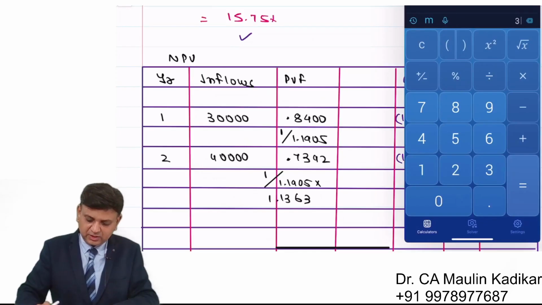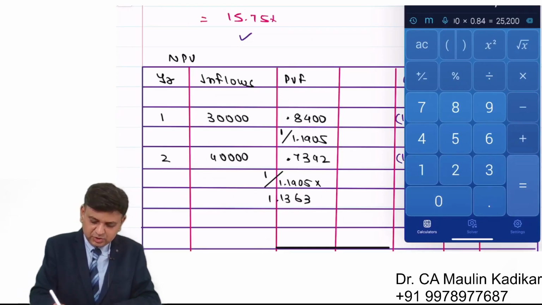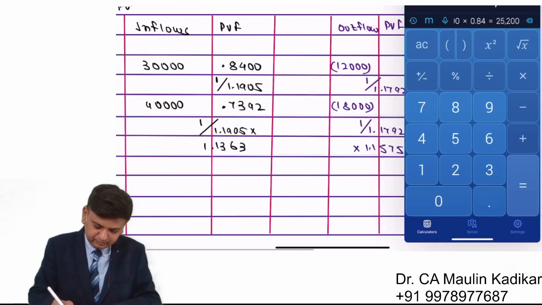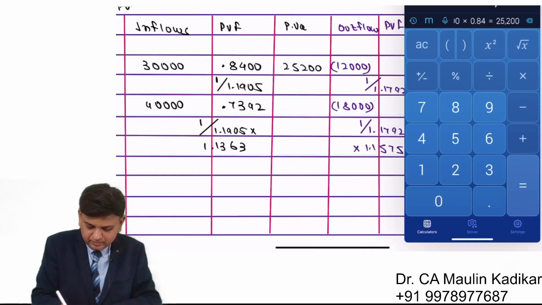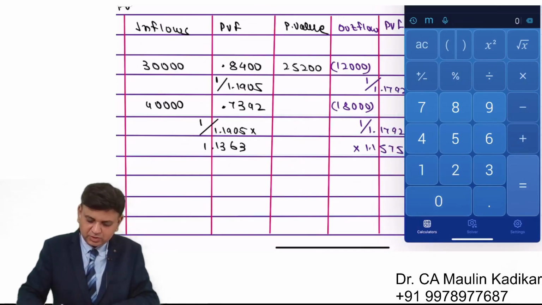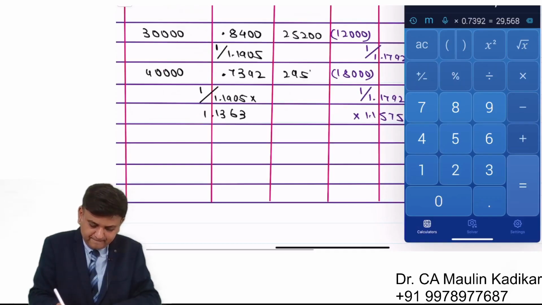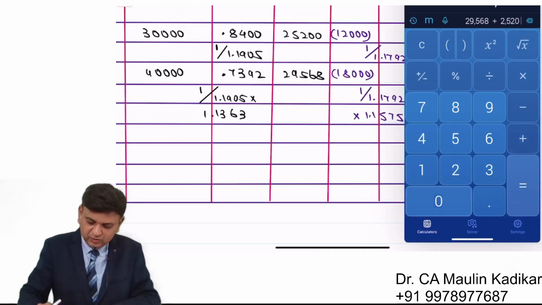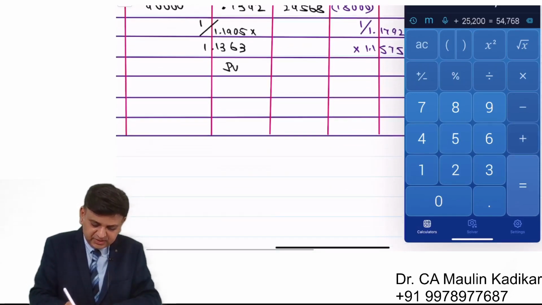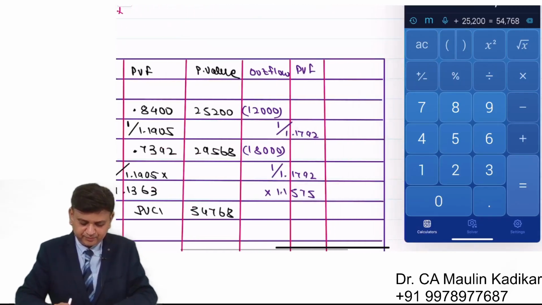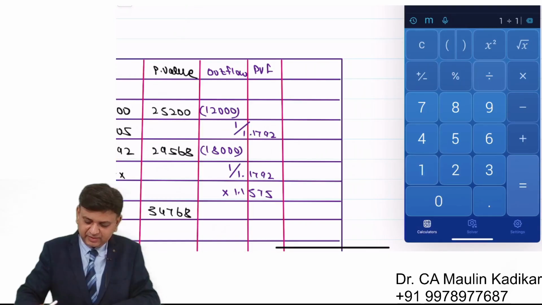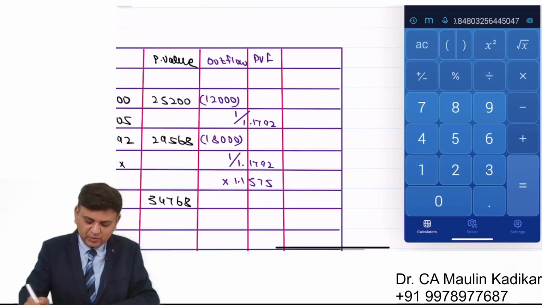So again use a calculator. 30,000 into 0.84, so it is 25,200. 40,000 into 0.7392, 29,568, plus 25,200. So present value of the cash inflow is 54,768. Outflow: 1 divided by 1.1792 is 0.8480.